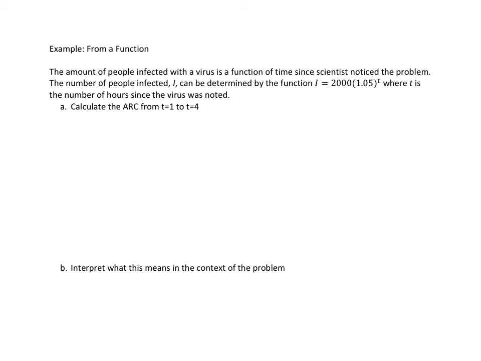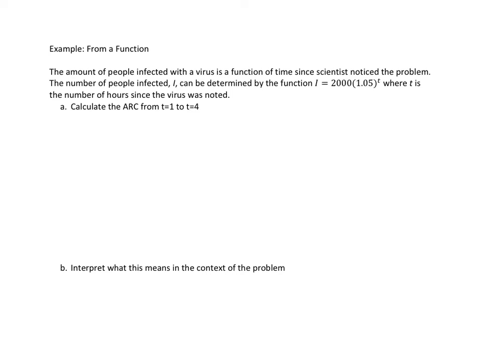The number of people infected I can be determined by the function I equals 2000 times 1.05 to the power of t, where t is the number of hours since the virus was noted. Calculate the average rate of change from t equals 1 to t equals 4. So we're given inputs, but the problem is we don't yet know what the outputs are. So we actually need to come up with the outputs in this situation.